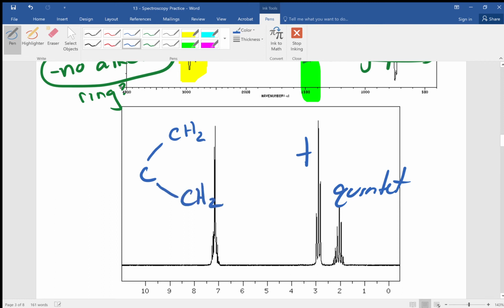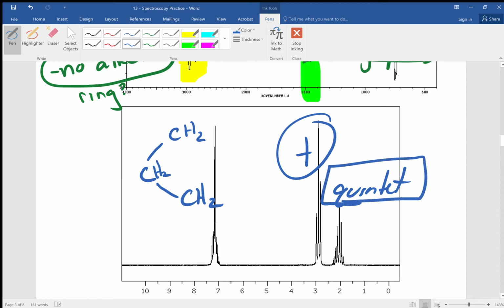So, for example, it could be next to 2 CH2s. So if we draw it like this, each of these CH2s are currently equivalent, and they're next to 2 hydrogens, which would make them a triplet. The CH2 here in the middle is next to 4 equivalent hydrogens, which makes it 4 plus 1, or a quintet.